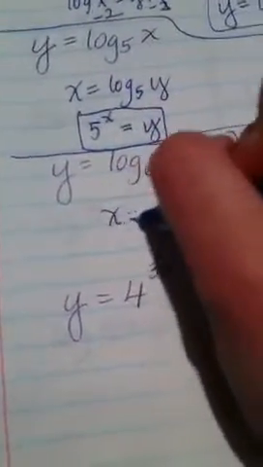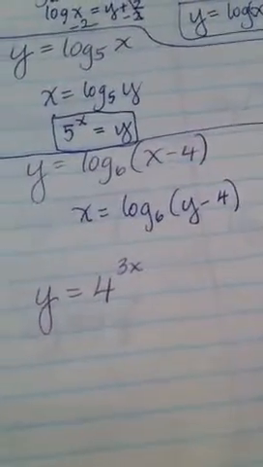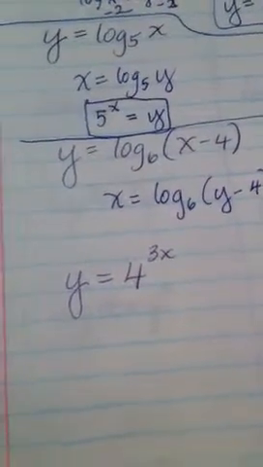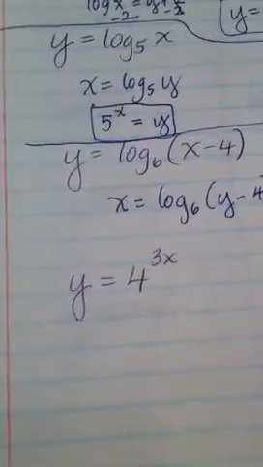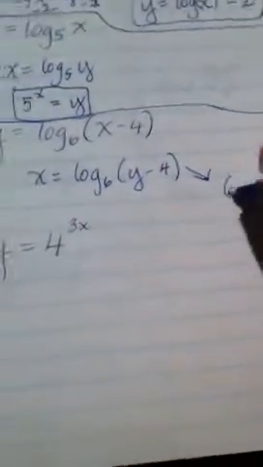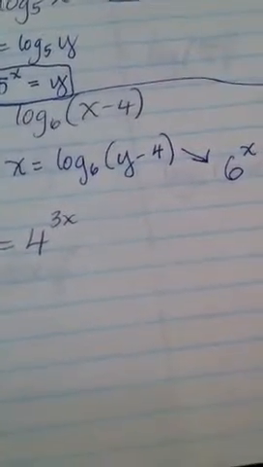Okay, so this one, first switch the x and the y. Now, it's in log form, so I want to write it in exponential form. So I start with the 6 as the base. I'm going to move over here. I don't have a lot of space. 6, the x becomes the exponent, and it's equal to y minus 4.